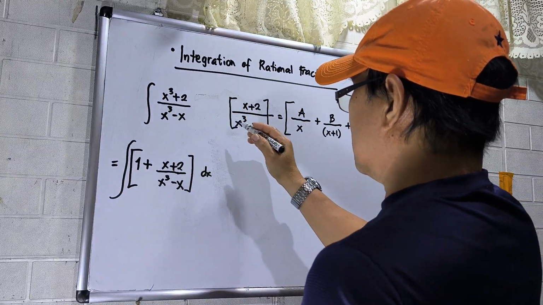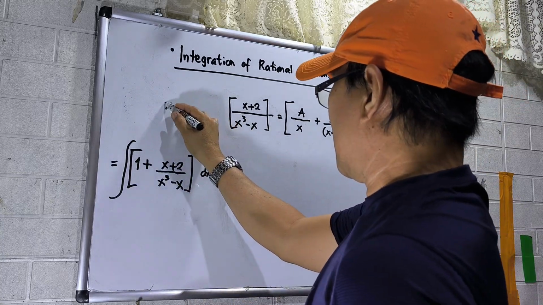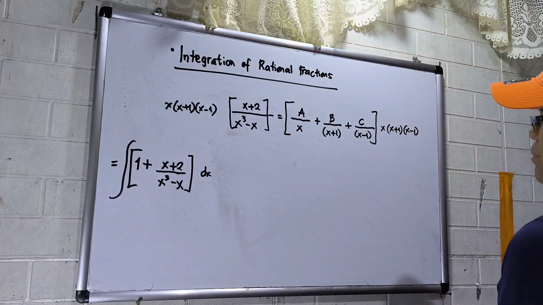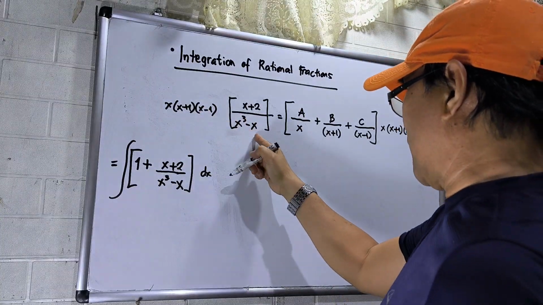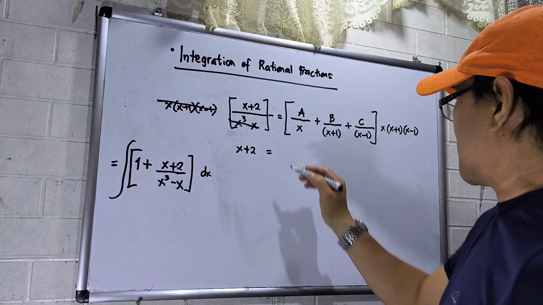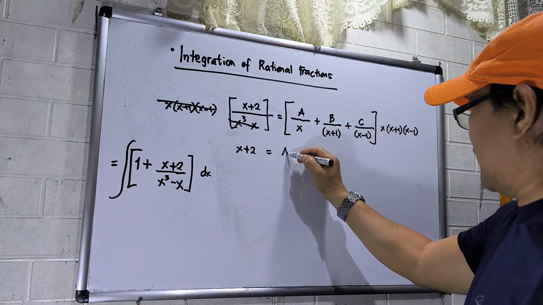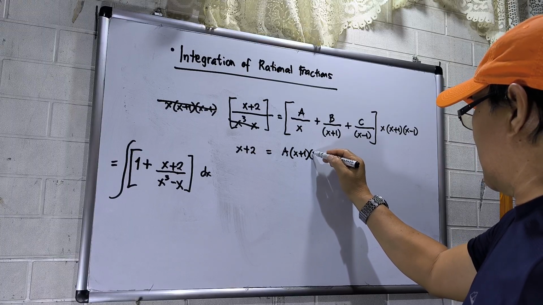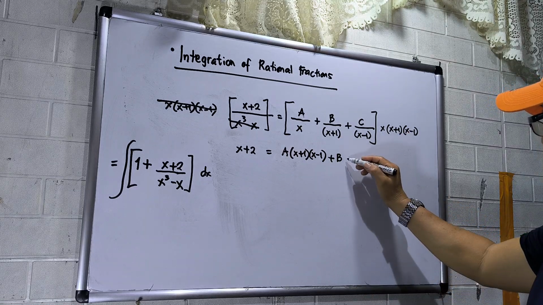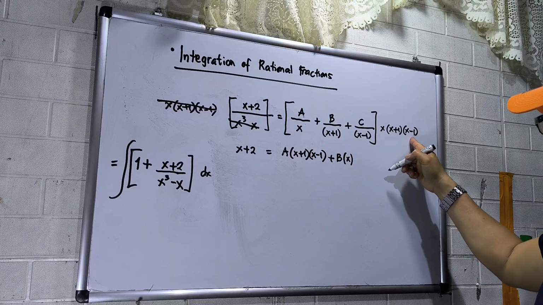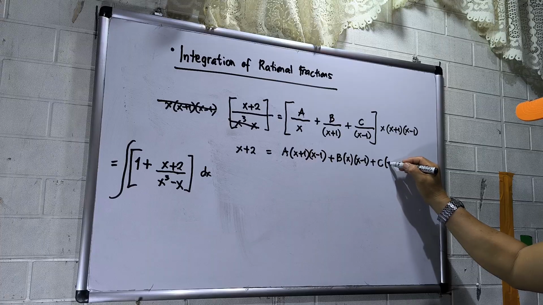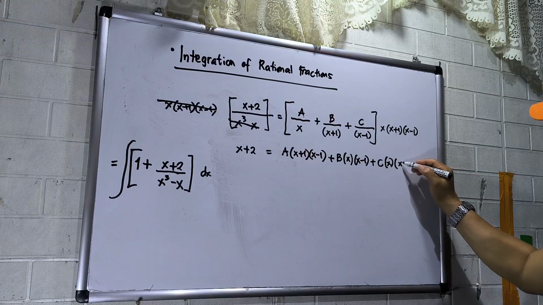On the left side, x cubed minus x is crossed out, so I have x plus 2 is equal to, on the right, A times x plus 1 times x minus 1, plus B times x, with x crossed out, leaving x minus 1, plus C times x times x plus 1.